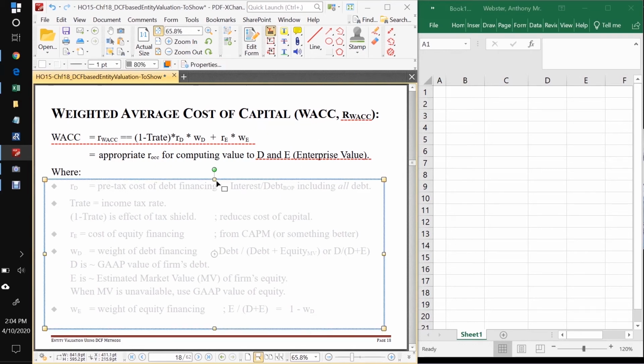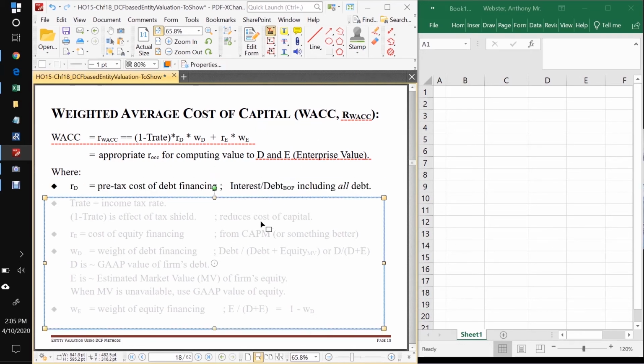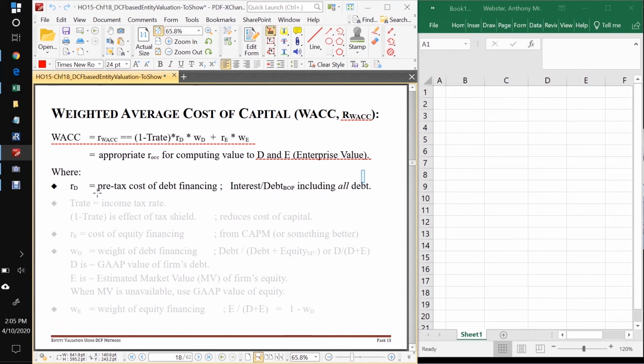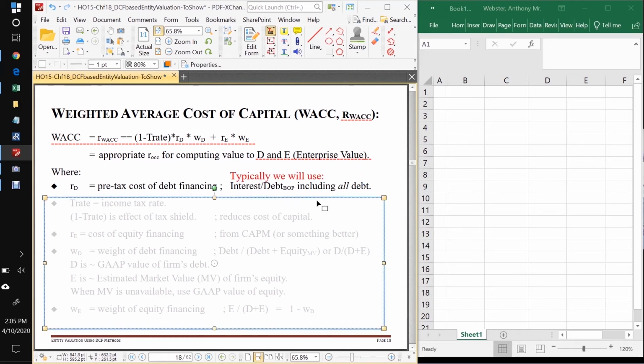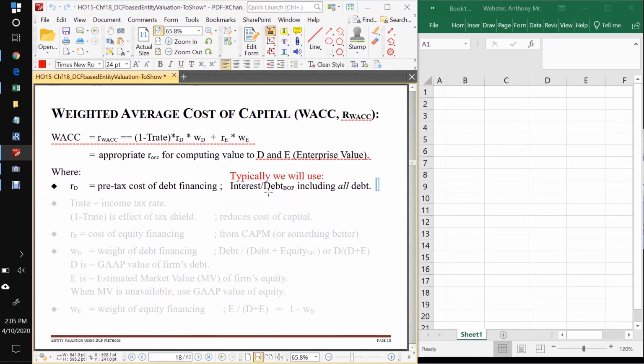And what's everything in this formula? First of all, what is RD? RD is our pre-tax cost of debt financing. And in the previous chapter, we learned several ways to compute our pre-tax cost of debt financing for an entity. And in this chapter, going forward, we'll probably use this.